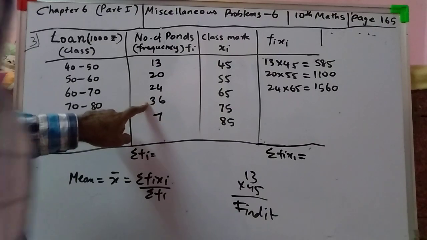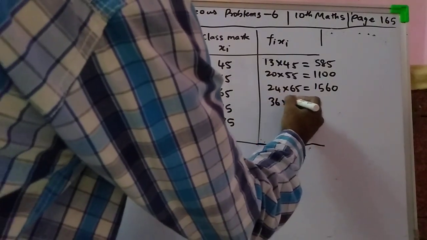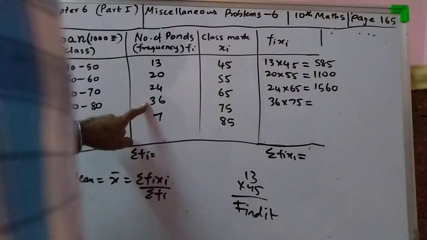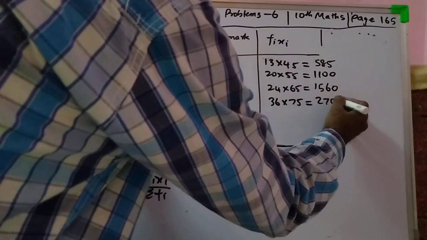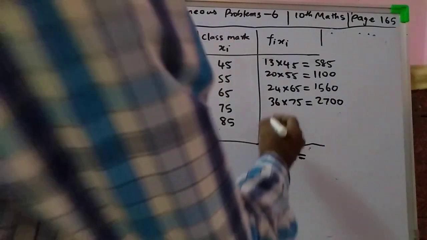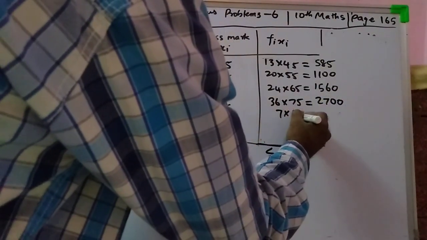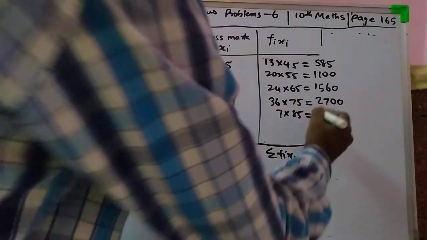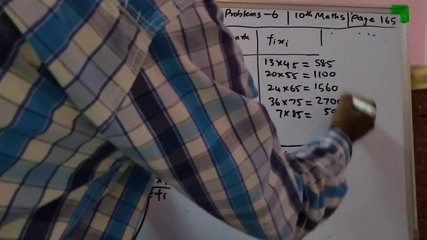And 36 into 75, that is 2700. 7 into 85, that is 595.